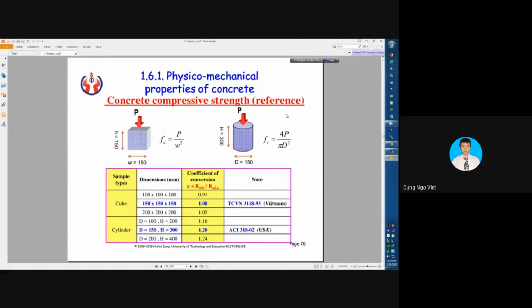And this law is for your reference, concrete compressive strength. To estimate the concrete compressive strength, we use many experimental samples. For example, in Vietnam standards, we use this cube sample with these dimensions in millimeters.